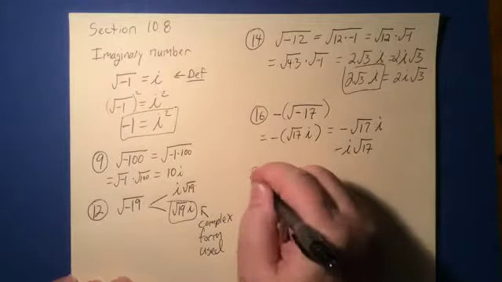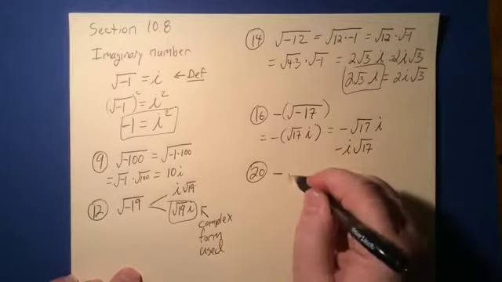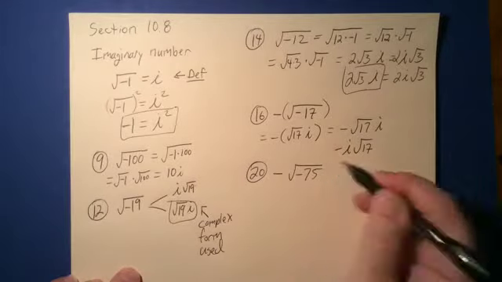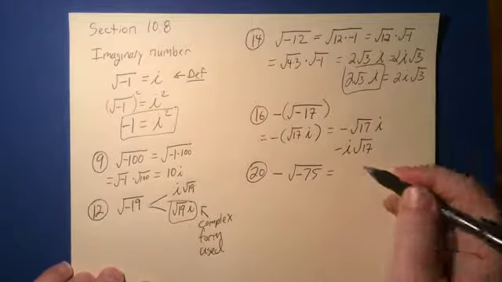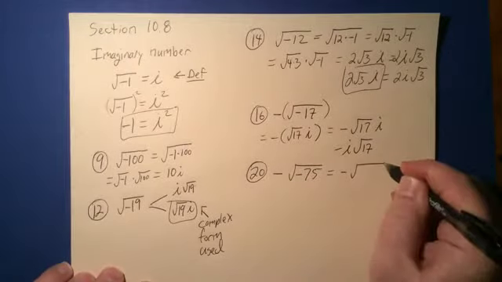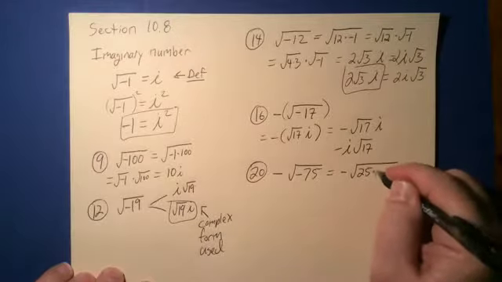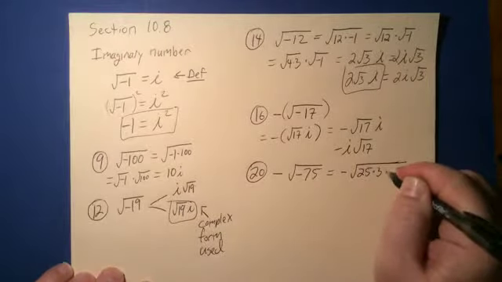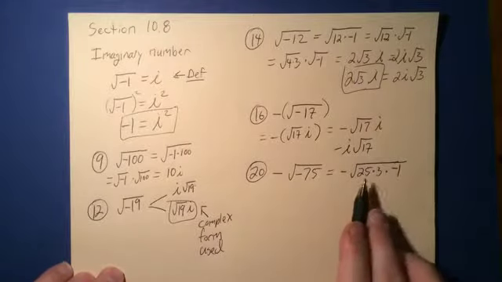Let's take a look now at number 20. This is going to be negative the square root of negative 75. At this point, I'm going to begin to treat this a little more like a standard problem. So I'm going to split this up as negative, and I'm going to write this as 25 times 3 times negative 1. Now, what are the pieces that are going to come out?